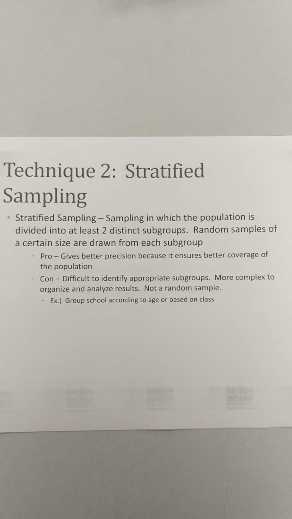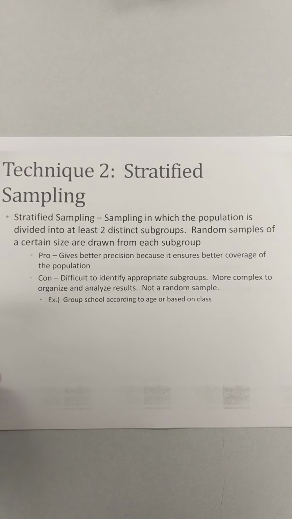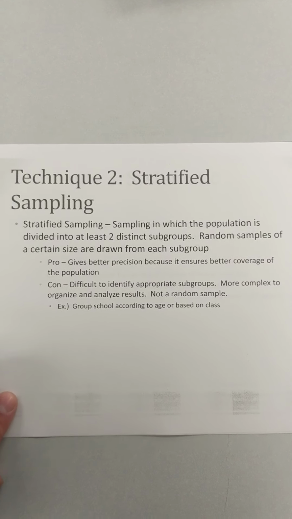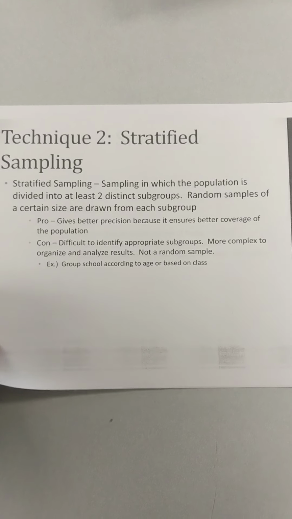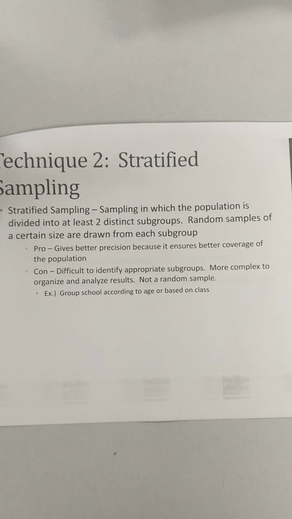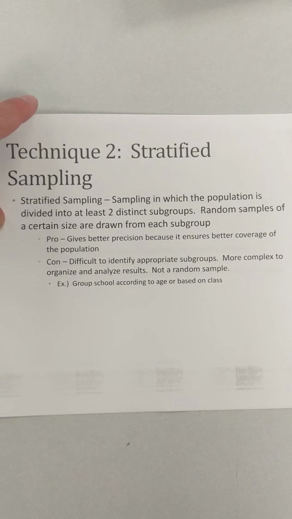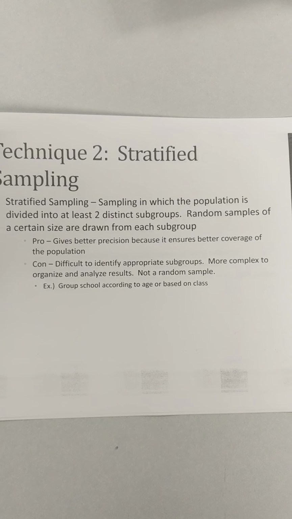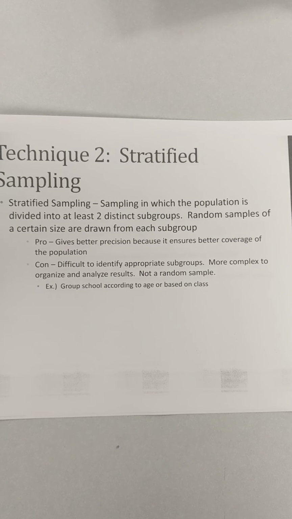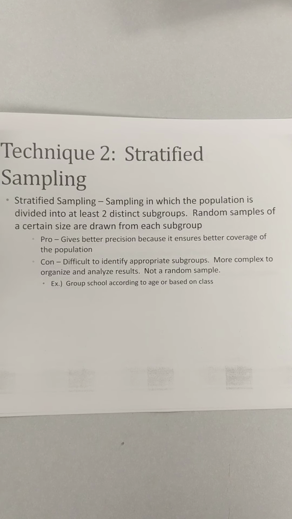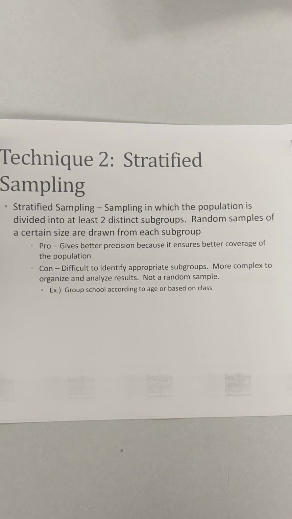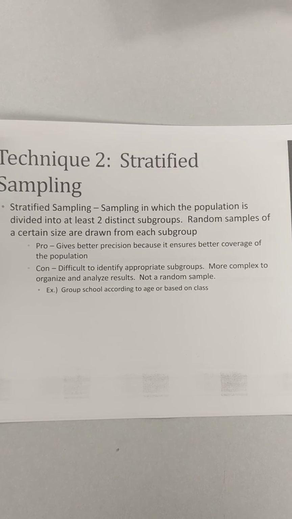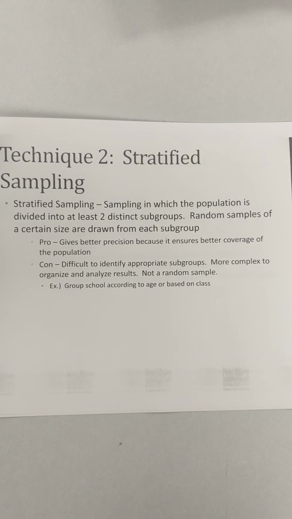The second technique is stratified sampling. Stratified sampling is when the population is divided into at least 2 distinct subgroups. Random samples of a certain size are then drawn from each subgroup. The pro is that it gives better precision because it ensures better coverage of the population. The con is that sometimes it's difficult to identify appropriate subgroups, and it's more complex to organize and analyze results.